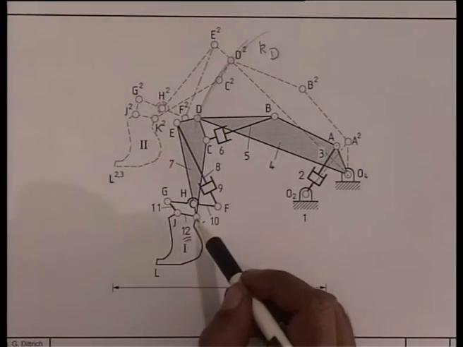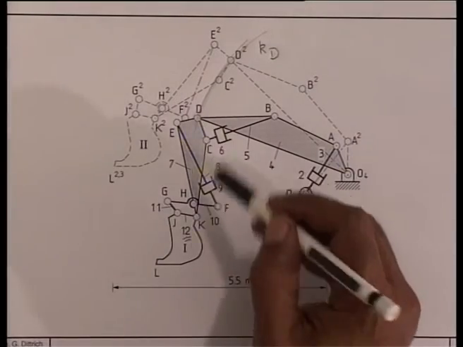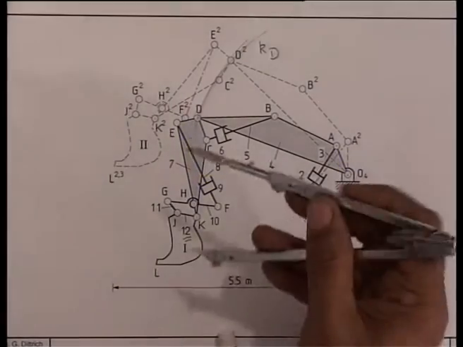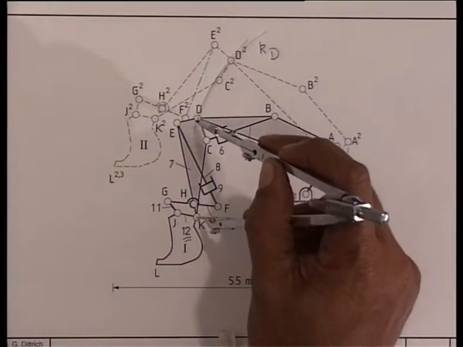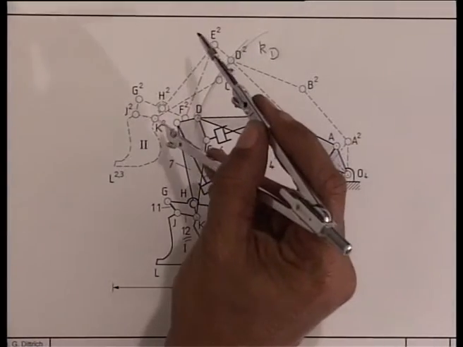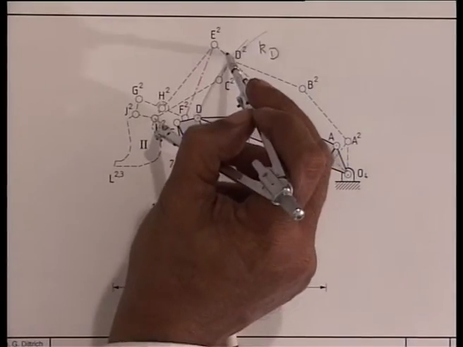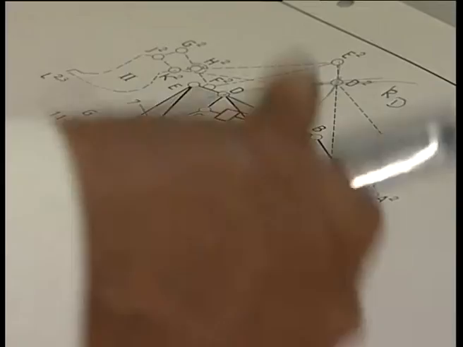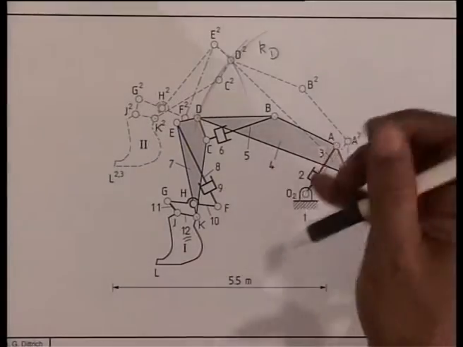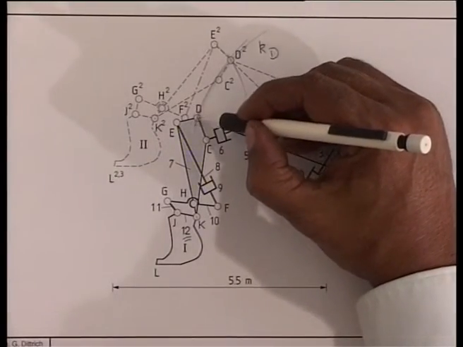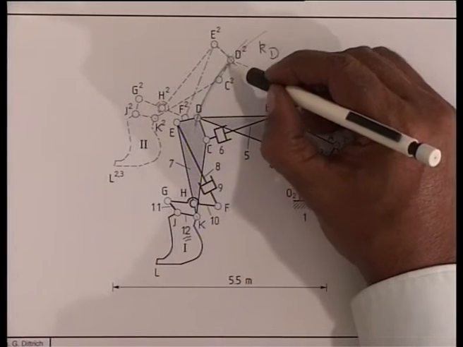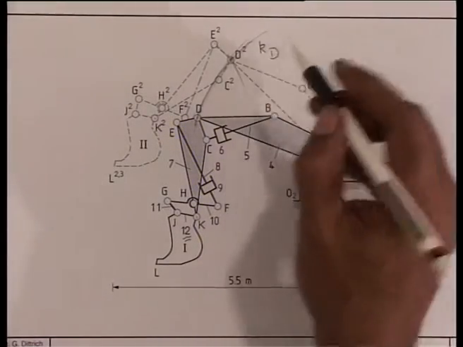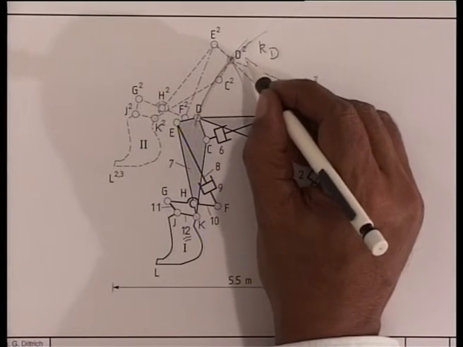Now, when K has gone to K2, the distance KD also does not change. So, I measure this KD, and from K2 I draw a circular arc with KD as radius. So, D must move on this circle and also the circle drawn earlier through D with O4 as center. So, these 2 circles, one point of intersection is here. So, I locate D2.